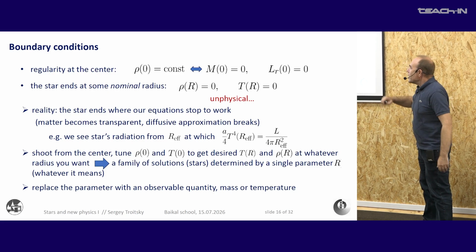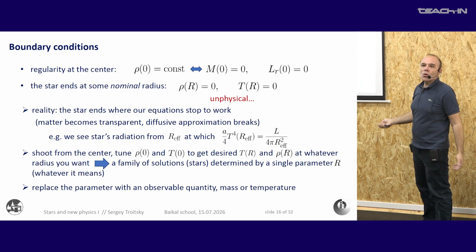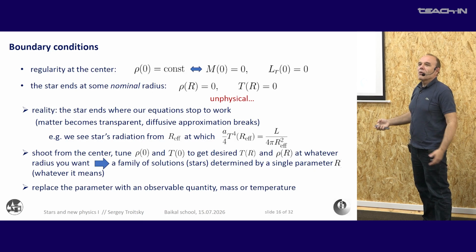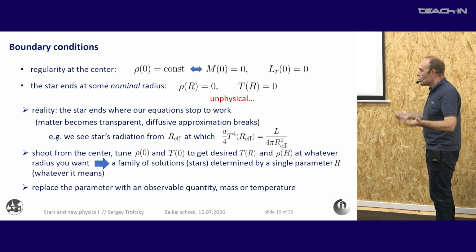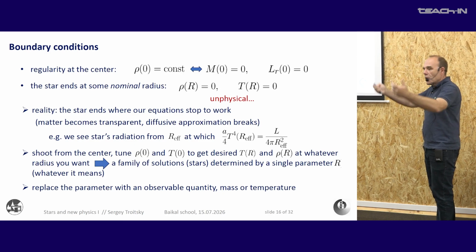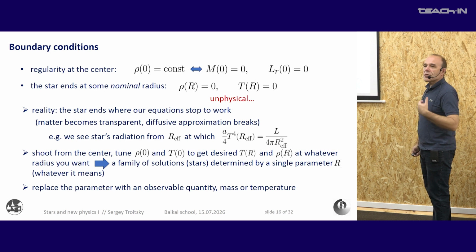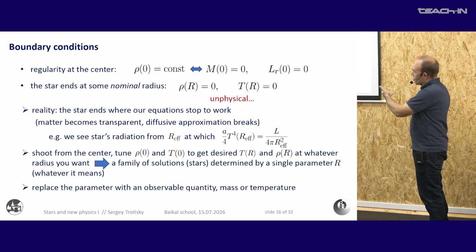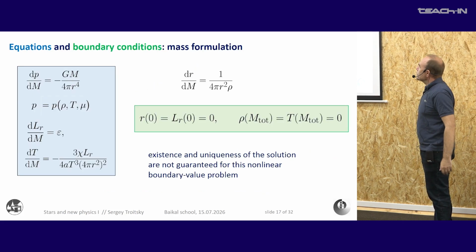Then replace this parameter, trade it for an observable quantity. For instance, the mass of the star or luminosity of the star or temperature of the star, which we can see from the surface. And so all stars are parameterized by a single parameter, which can be, for instance, mass.